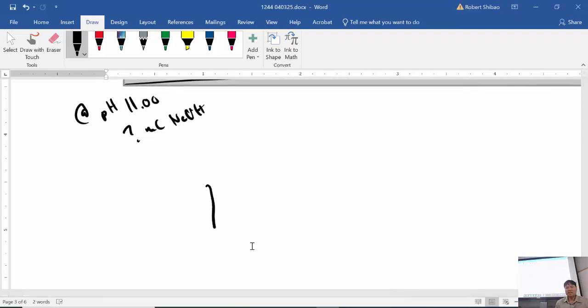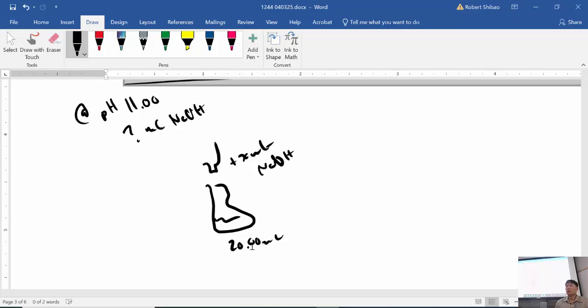And so it's the same setup. We do step I. Step I is 20.00 milliliters, except in this case we're adding plus X milliliters of sodium hydroxide. The one caveat to doing these kinds of calculations is you must know where you are in the titration. Are you in the excess base region?